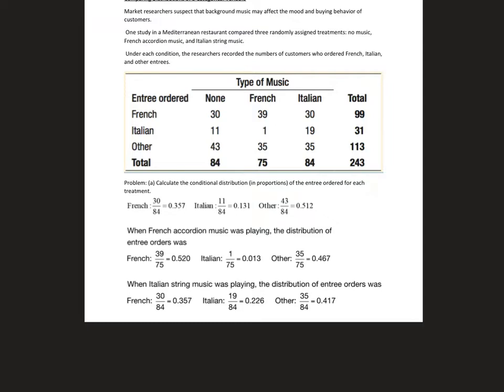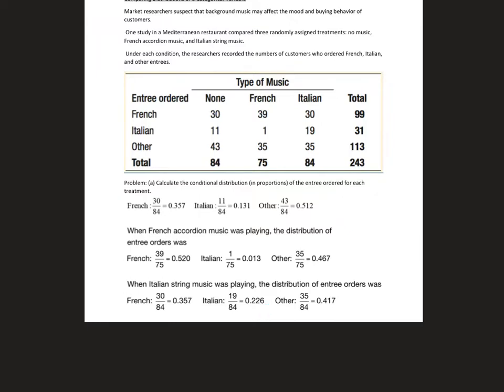So we have French. In no music, French food, we had 30 out of the total 84. We had 11 out of the total 84 that ordered Italian, and other was ordered out of the 84 when no music was playing.